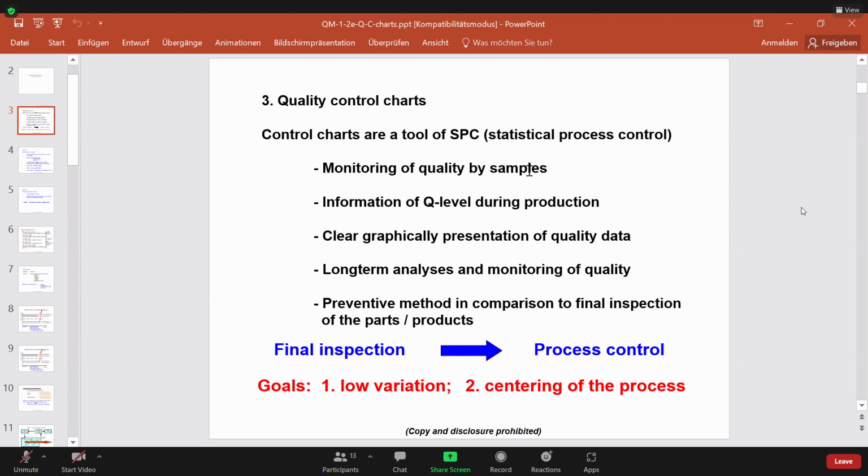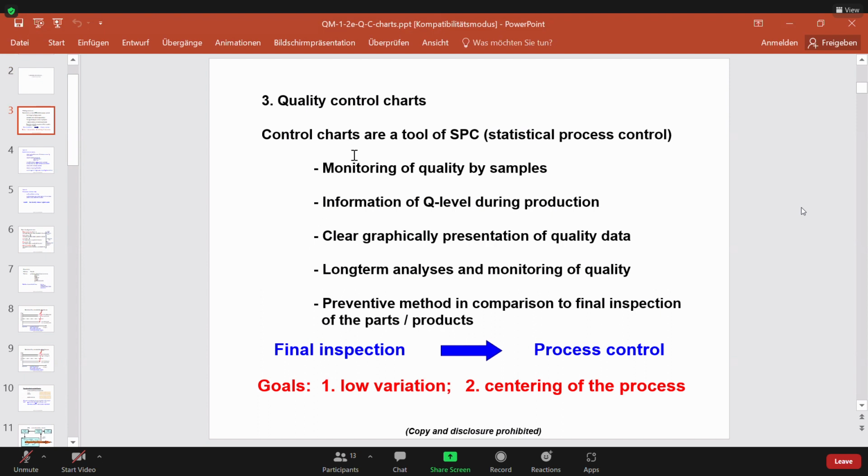They take a sample of 3 or 5 parts out of the production, and then they measure some important quality characteristics, let's say some dimensions, and the mean and the standard deviation of every sample they write into the quality control chart. So over the time, over a week or over a month, they get a good impression of the level of the quality in this process.